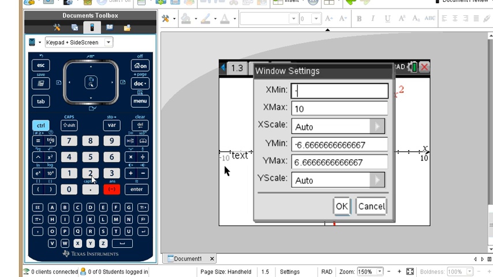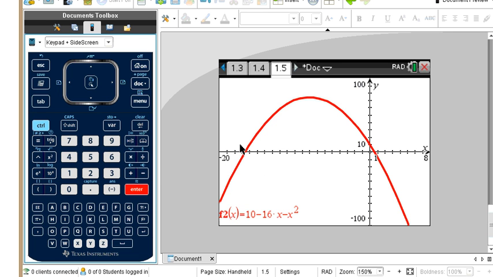So negative 20, 8, tab down, and our y values we're going to have are negative 100, comma 100, and tab down here, and this is what we get, a graphical verification.